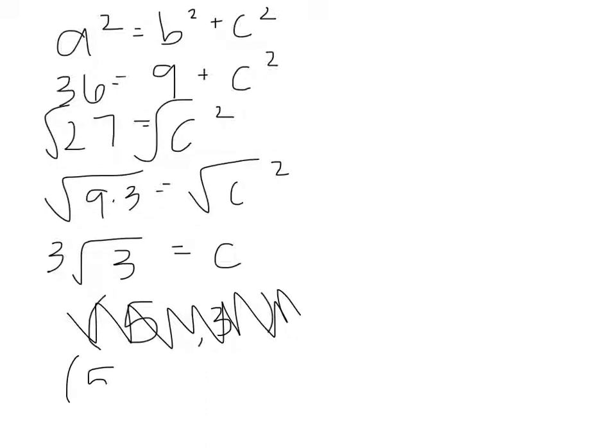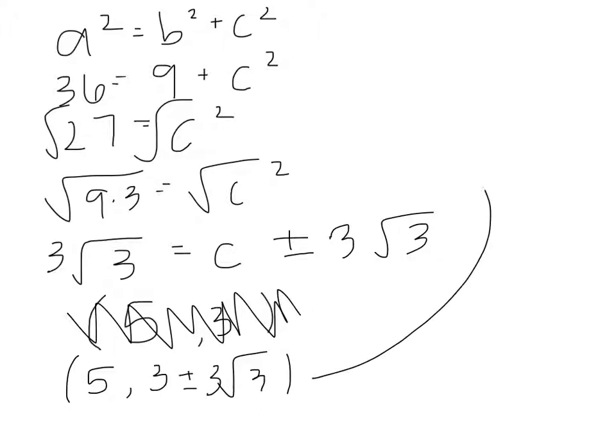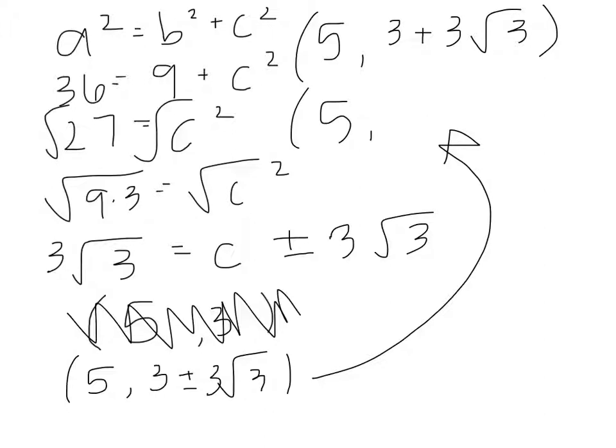So I have 5, 3, and then our c value is plus or minus 3 root 3. So we're going to have 5, 3 plus 3 root 3, and 5, 3 minus 3 root 3. So that's our foci values.